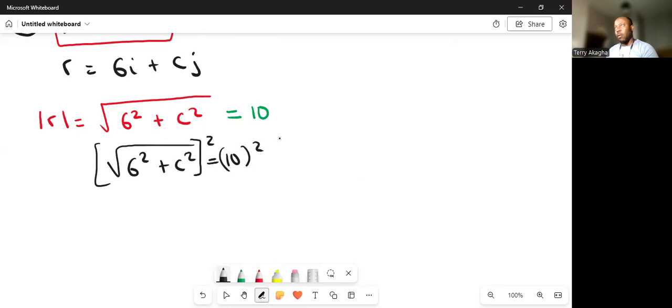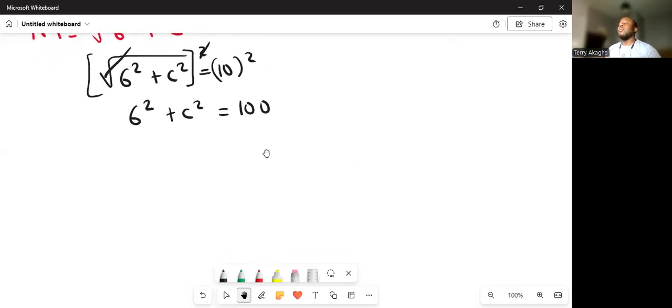So this square root is going to cancel this square. We're going to have 6 squared plus c squared equal to 10 squared, which is 100. Are you seeing it? Now, the next thing I'm going to do is take 6 squared, which is the same thing as 36, plus c squared, equal to 100.